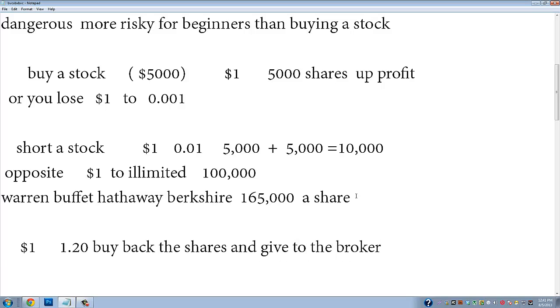At least you will have a loss of only about 20% of your money. So this is just an example of how to short, and on the opposite side, how to buy a stock.